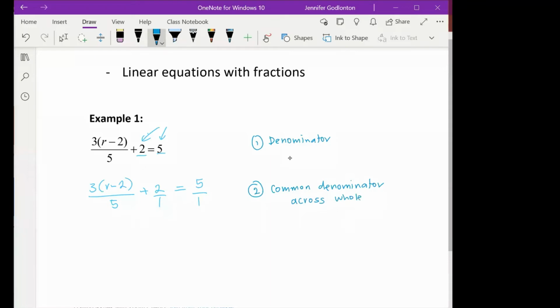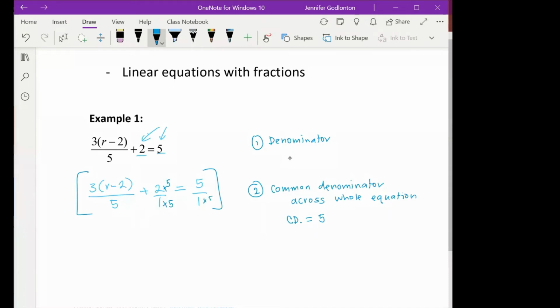When I'm talking about the whole equation, I mean this whole thing. I want everything to have a common denominator. So in this case, what would our common denominator be? I see an answer coming through our chat. Yes, it's going to be 5. So I need to multiply that by 5, and what I do to the bottom, I have to do to the top.